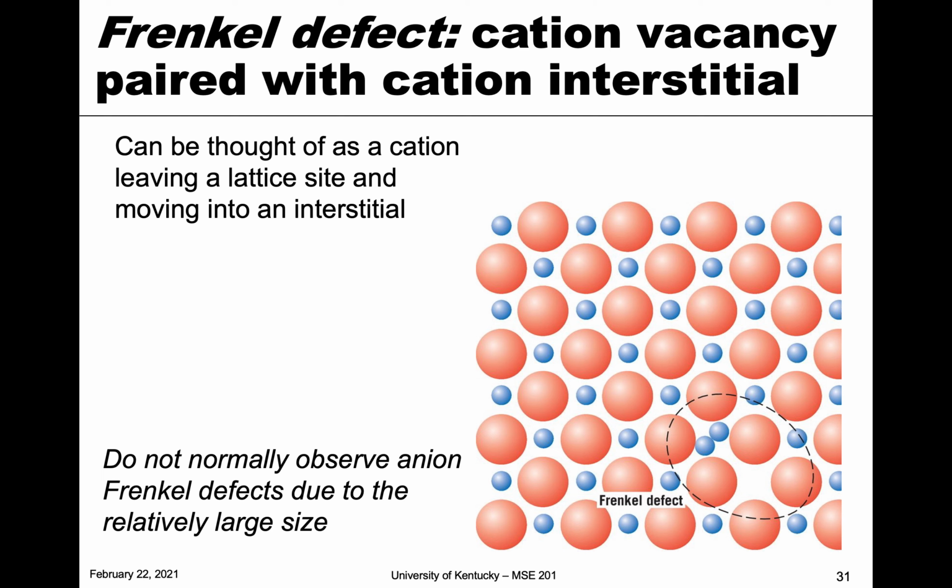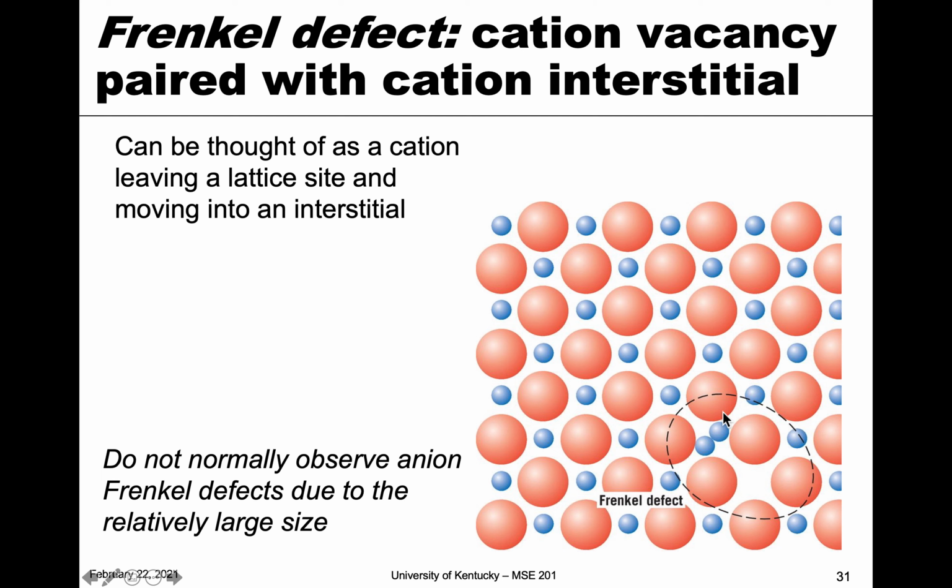All right, so let's look at the first one, the Frenkel defect. This is a cation vacancy paired with a cation interstitial. You can view it as a cation moving into an interstitial site. Something that normally occupies the cation site goes into an interstitial site, so those two are paired together.